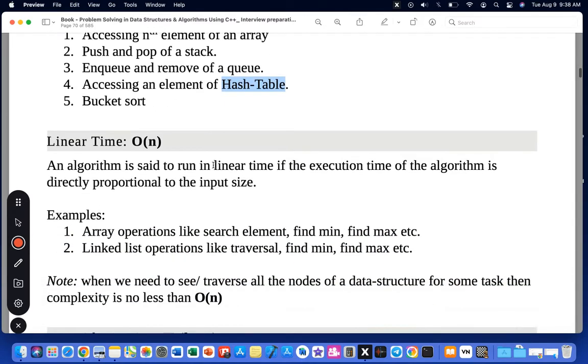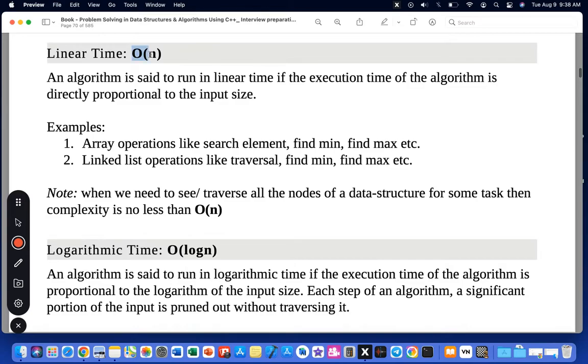All right. Linear time, O(n). An algorithm is said to run in linear time if the execution time of the algorithm is directly proportional to the input size. Direct proportional, linear. Example, array operations like search element and find minimum and maximum.